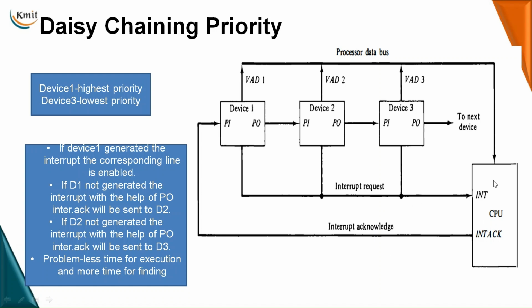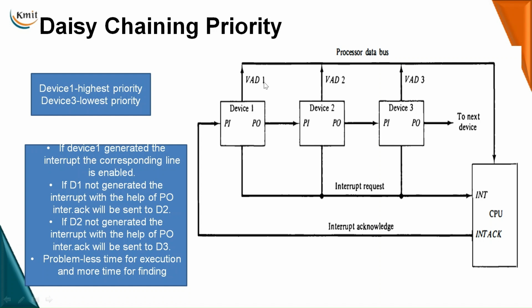We also have two lines for the CPU, one input and one output. One is the interrupt request line, and the other is the interrupt acknowledgement line, which is an output given from the CPU to the devices. Device 1 will have the highest priority, whereas device 3 will have the lowest priority. Here I am taking an example of only 3 devices connected to the system, and each device has its own vector address.